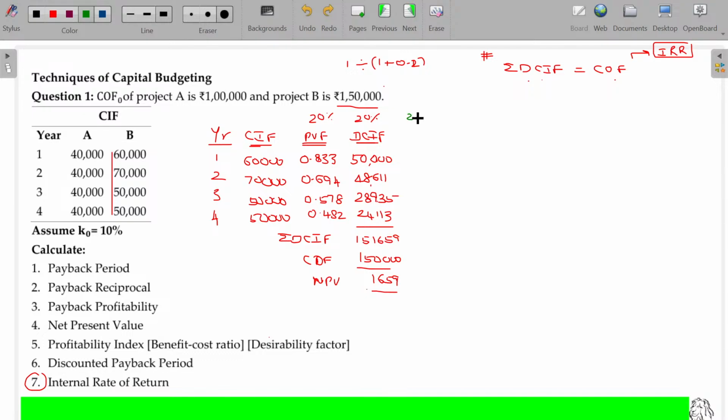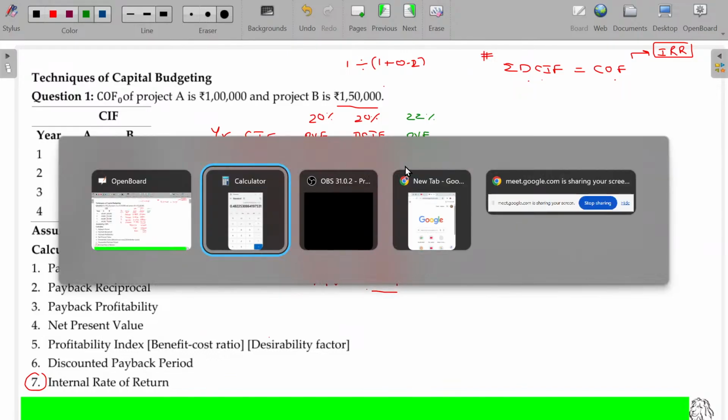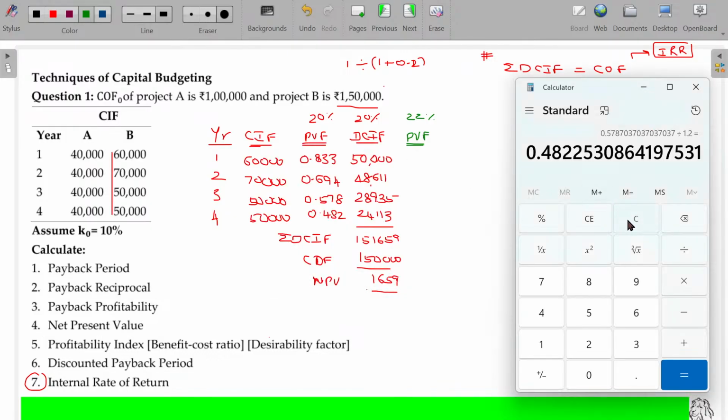So, 22% PV factor. You can use the same method: 1 divided by 1.22, 0.8196, which can be rounded to 0.820, and 0.672, like this you can calculate.